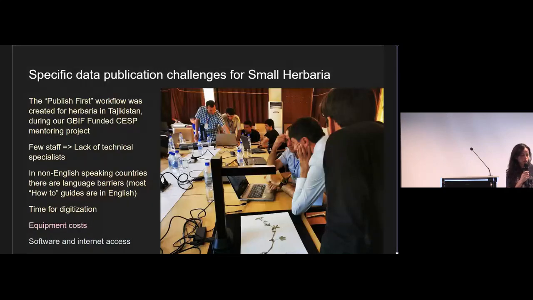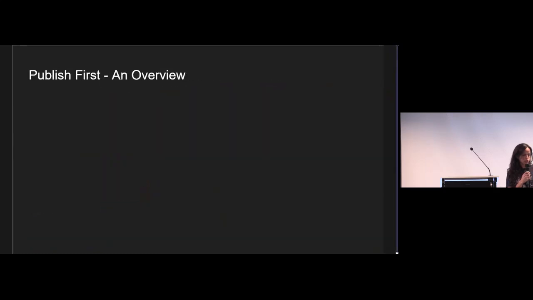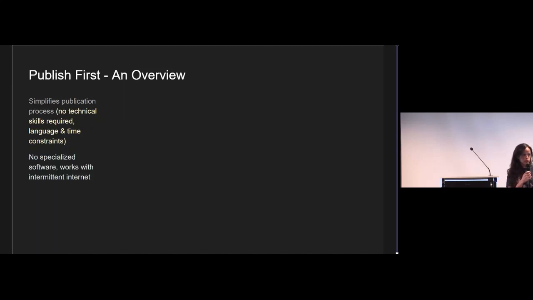So we encountered this quite specific range of problems or challenges in Tajikistan, and we decided that we needed to drastically simplify our usual publication process. So we did that, and we tried to design our workflow so that it doesn't require any specialized software.